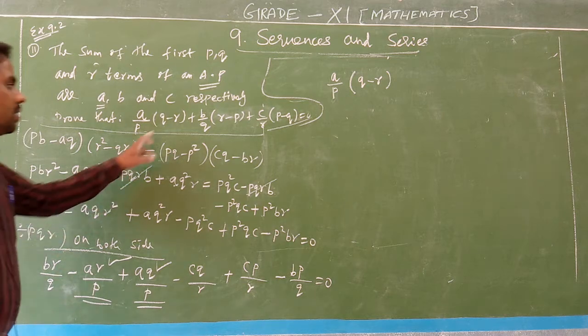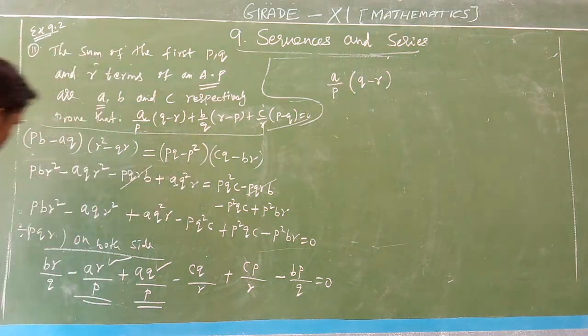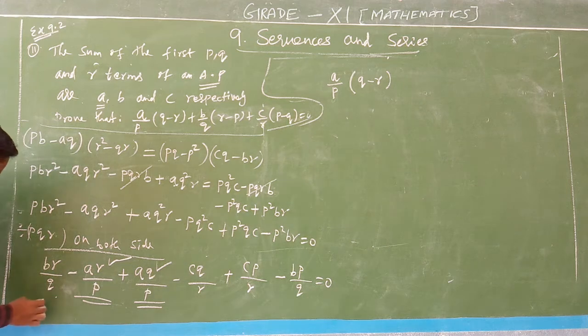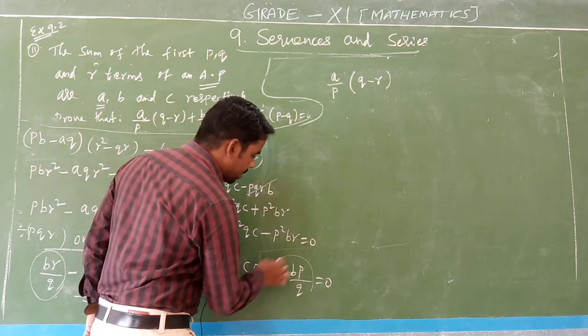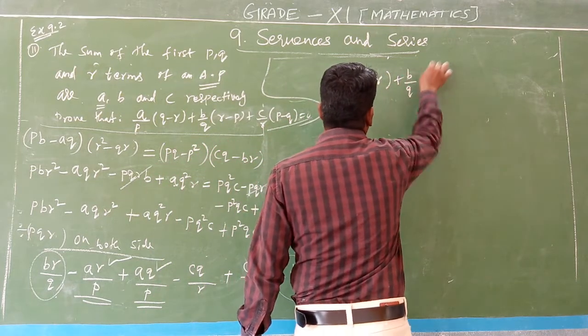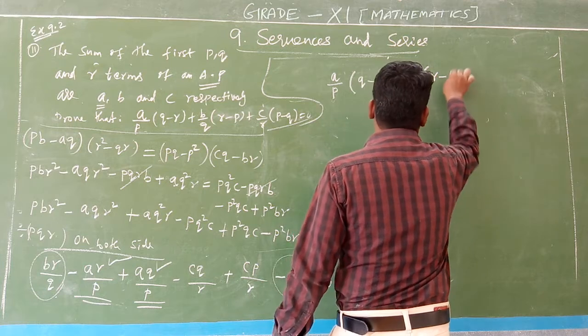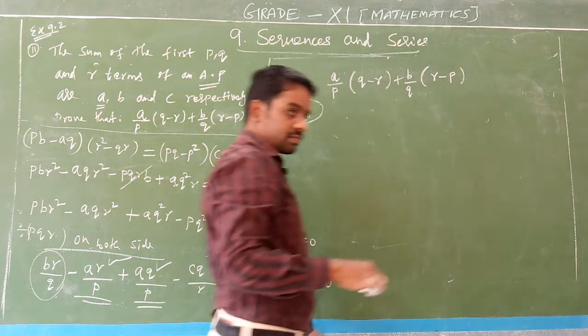Next we have to take p by q of (r minus p). Which term is p by q? This term and another one is this. So take p by q in both terms, remaining r minus p.